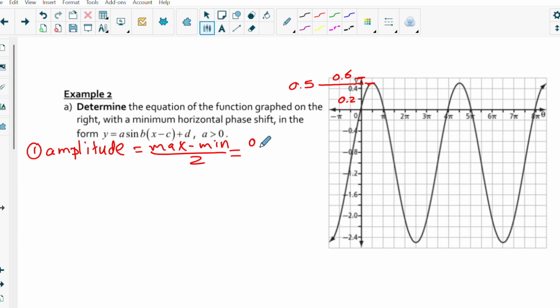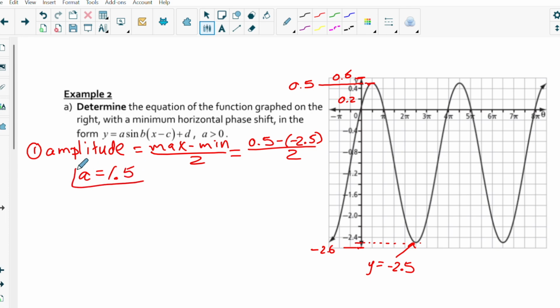And then the minimum here, this is negative 2.6 right here. So right in between, that would be at y equals negative 2.5. Okay, so 0.5 minus negative 2.5 divided by 2. So I get an a value of 1.5. Okay, so I'll put a box around that.